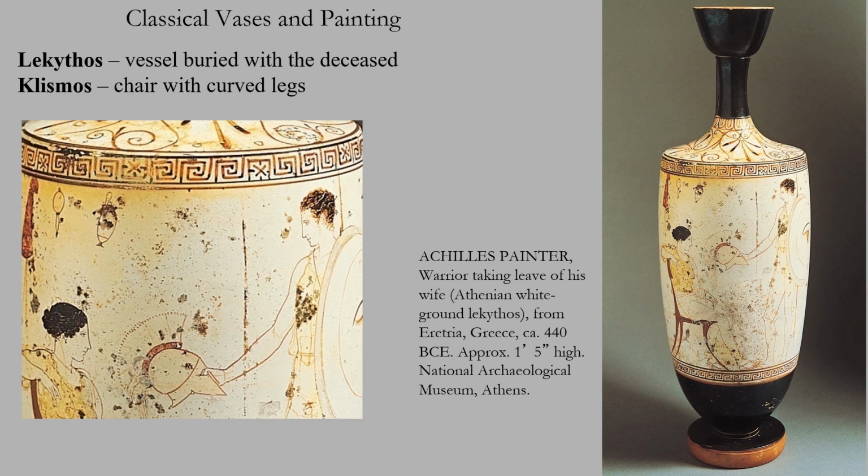And in this image we see a soldier leaving for battle. You see that he is handing over his helmet to his wife. This is probably a symbol of his upcoming death. He's leaving something behind for her, because we know that he doesn't make it back from war, that he dies in battle.